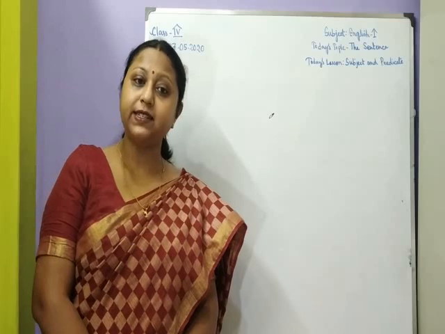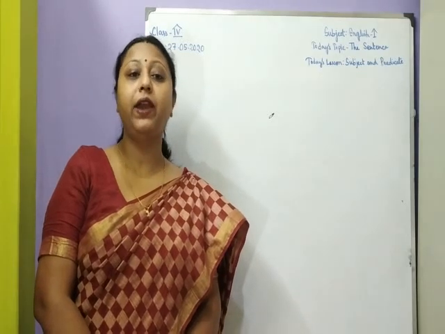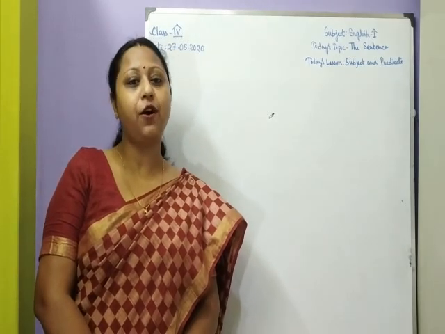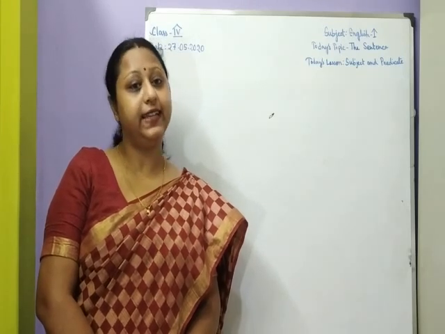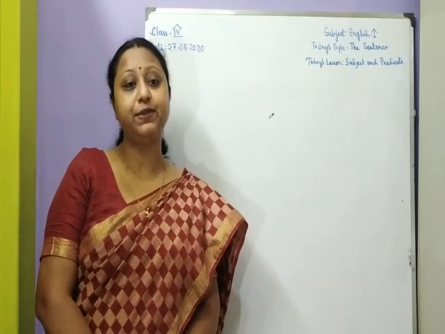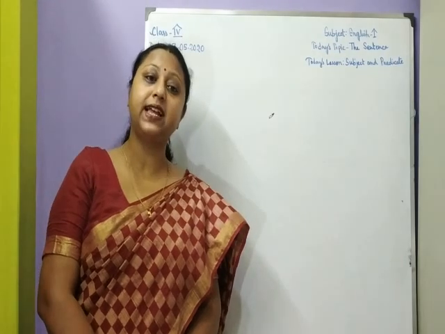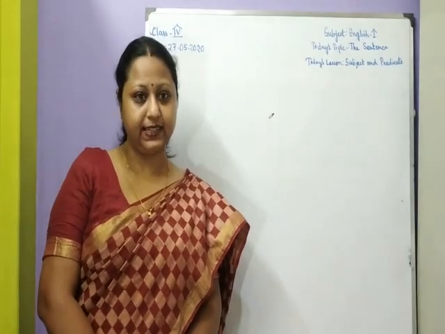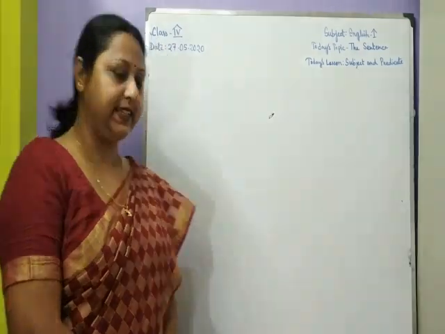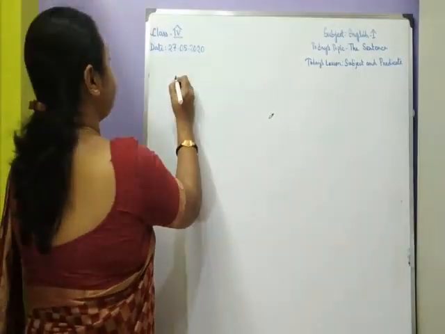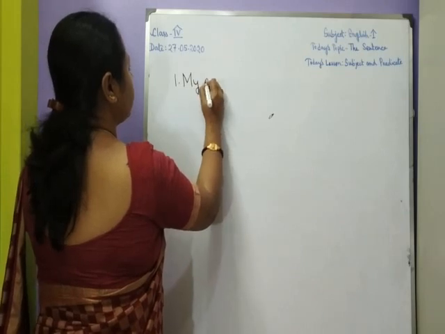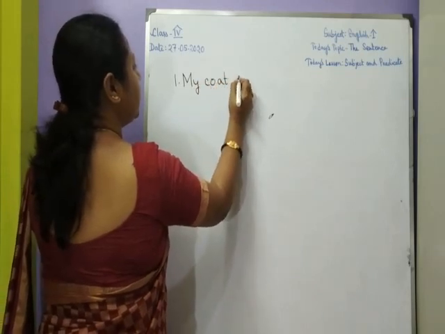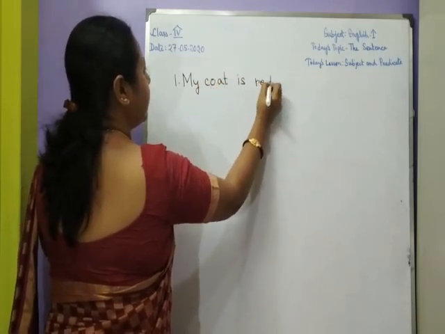In our previous class of English language, we have learned about kinds of sentences. What are the kinds of sentences? They are declarative sentences, imperative sentences, exclamatory sentences, and interrogative sentences. Let me write few sentences. My coat is red.